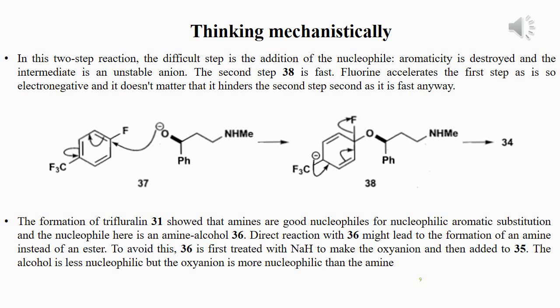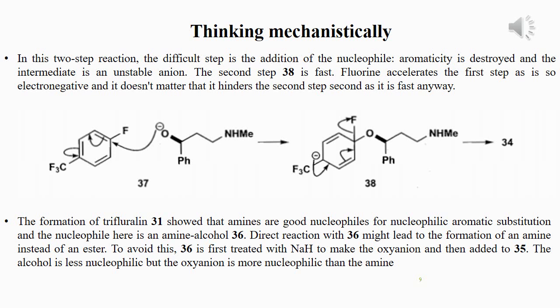The alcohol is less nucleophilic, but the oxyanion is more nucleophilic than the amine. Otherwise, alcohol and amine will compete, and amine is more nucleophilic. Why is amine more nucleophilic? Nitrogen has only one lone pair, and oxygen has two lone pairs.